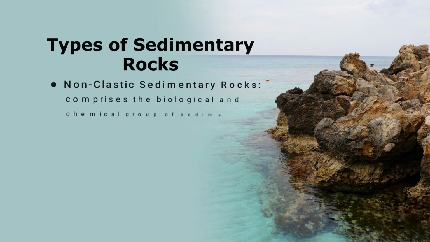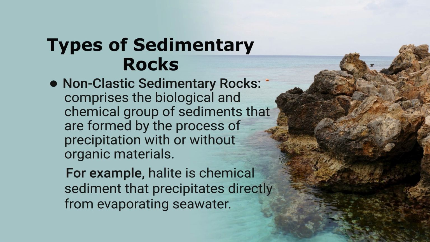Now, non-clastic means they can be of chemical form, they can be biochemical, with biological involvement of material. For example, halite is a chemical sediment that precipitates directly from evaporating seawater. If you have limestone, then you have life formation which can be involved.